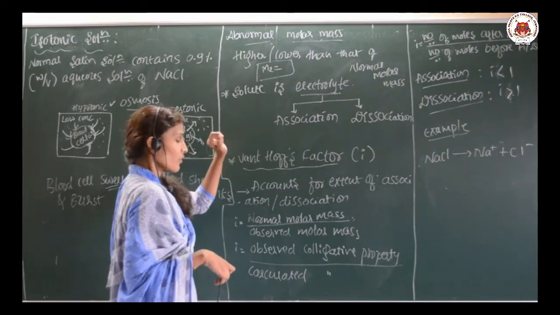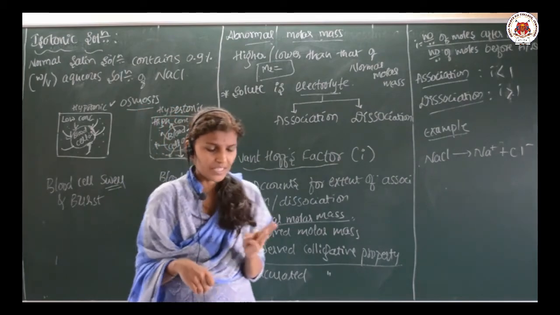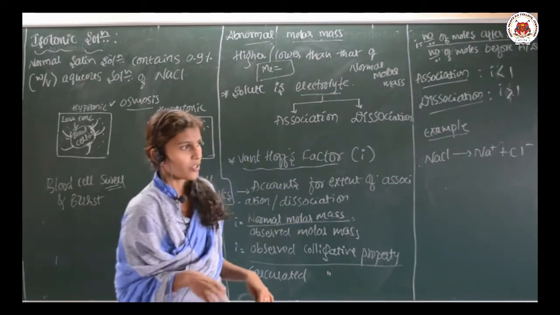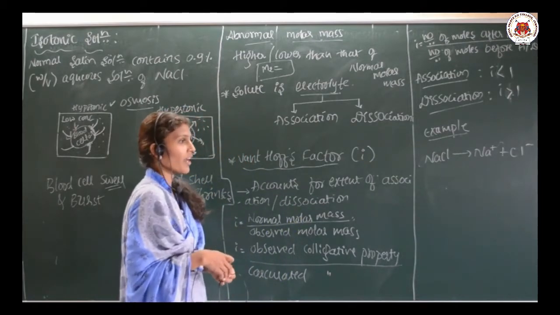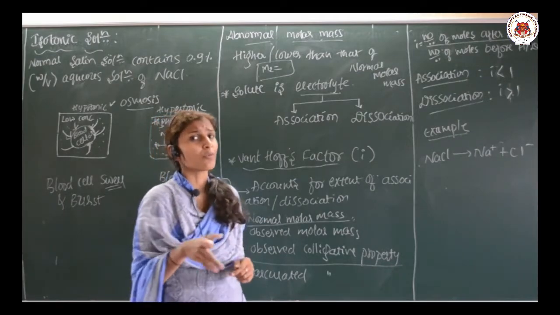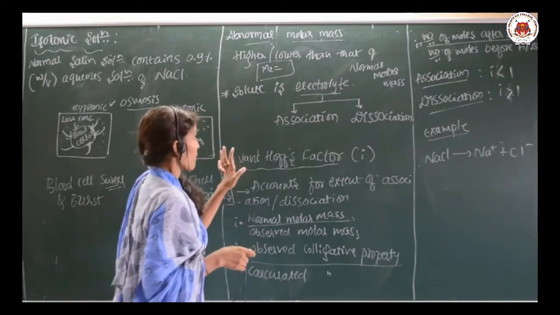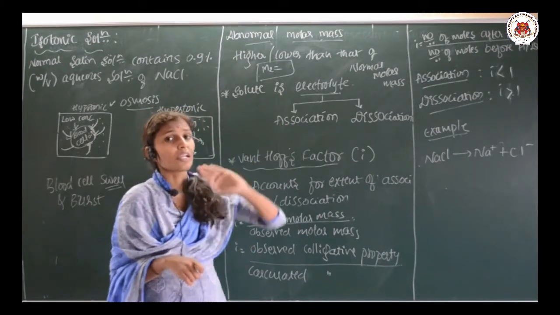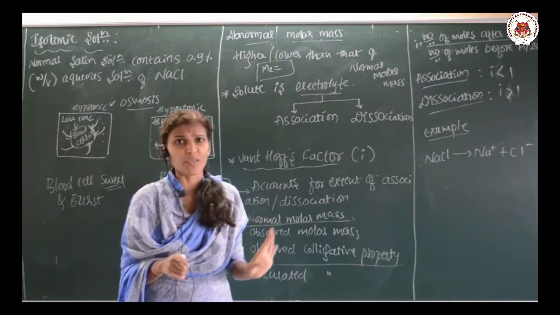Commonly in our three derivations, relative lowering of the vapor pressure, depression in freezing point and elevation in boiling point, that is the normal value we are going to get. But in that case we are using the solute as a non-electrolyte, so the M2 will be similar.